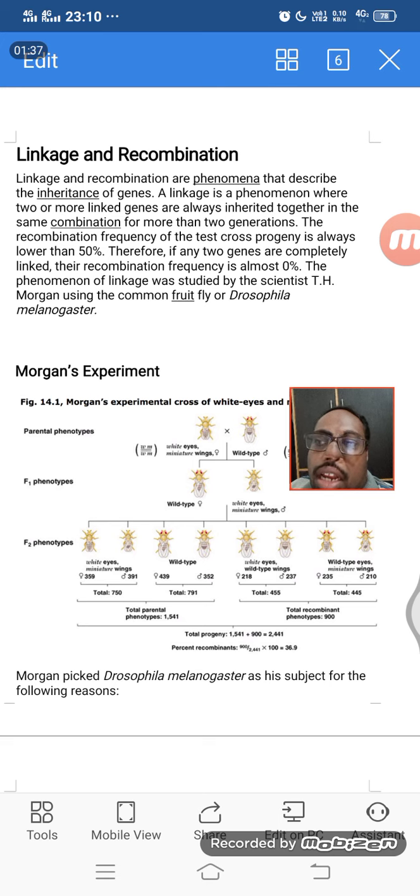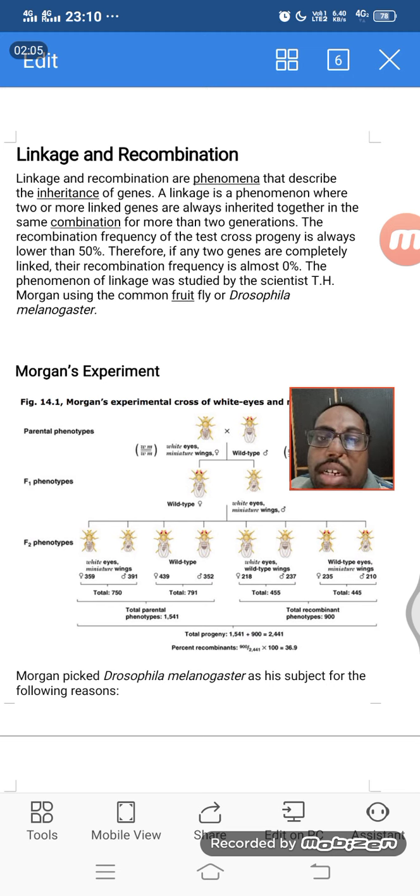He said that genes are transmitted from one generation to another. And one more thing he came to know. According to the Mendelian law of inheritance, one gene will control one character or one trait. If there is one gene on one chromosome, it will control one trait or character.